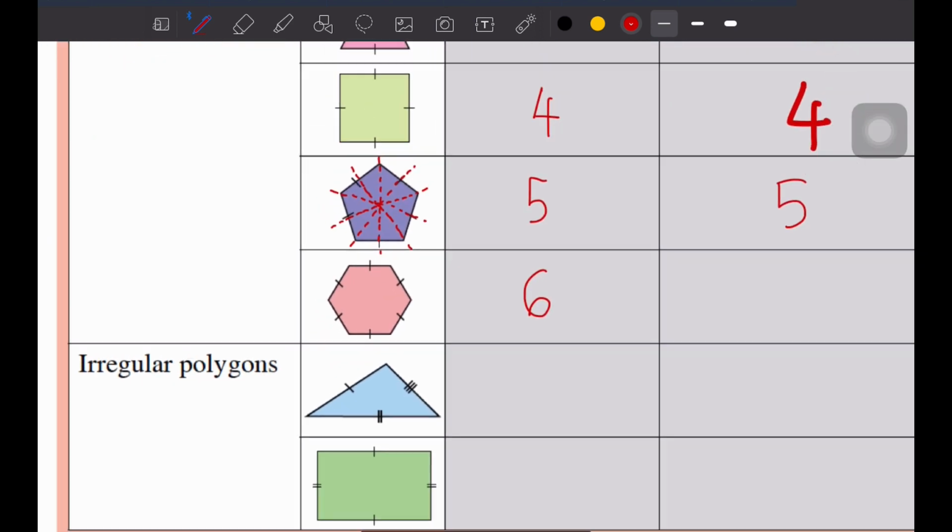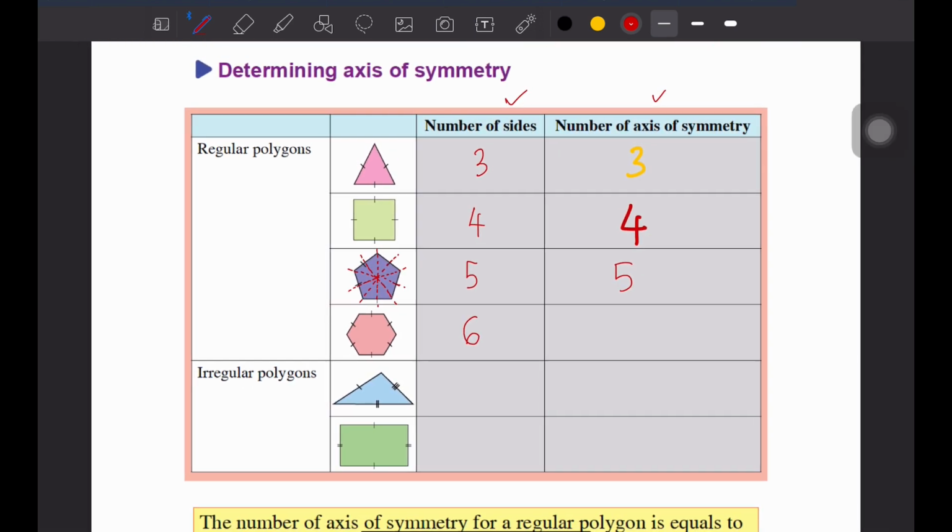Now we have the idea over here. If the number of sides is 3, the axes of symmetry is 3. If the number of sides is 4, the number of axes of symmetry is also 4. 5 and 5. Now hexagon. We know that a hexagon has 6 sides, so it must have 6 axes of symmetry.